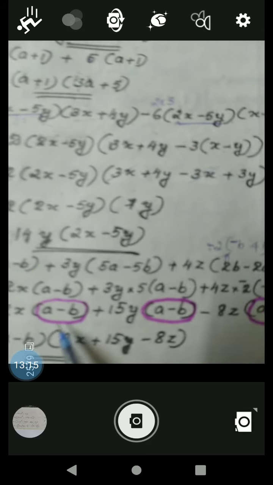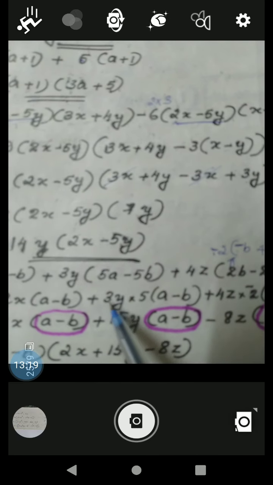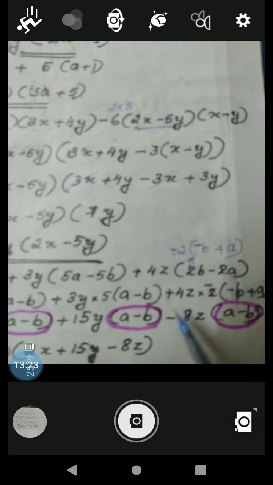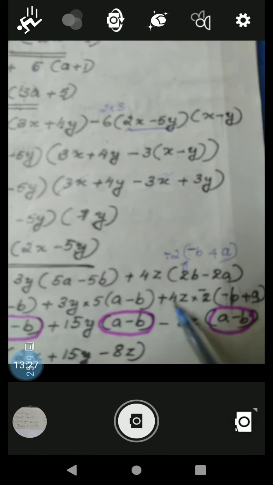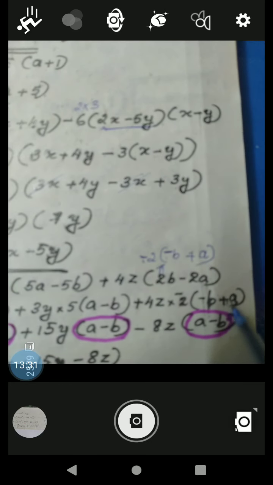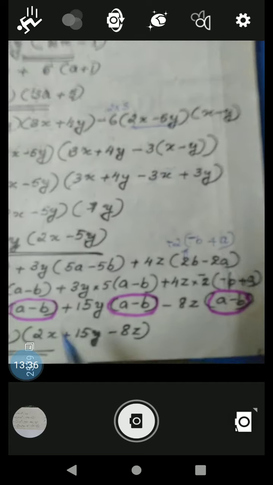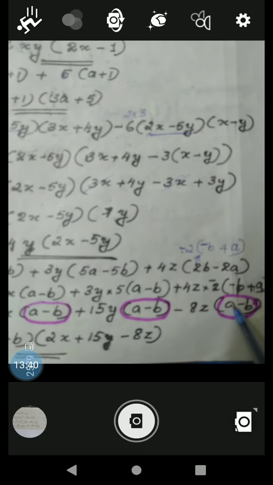So the next step we can write 2x into (a minus b) plus 3 into 5, 15y into (a minus b) minus 4 into 2. This minus is here. Okay, 4 into 2, 8z into (a minus b). Arrange it like this, a minus b. Now it is very clear a minus b is the common factor.